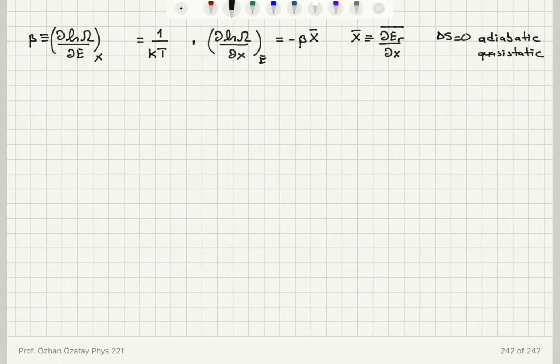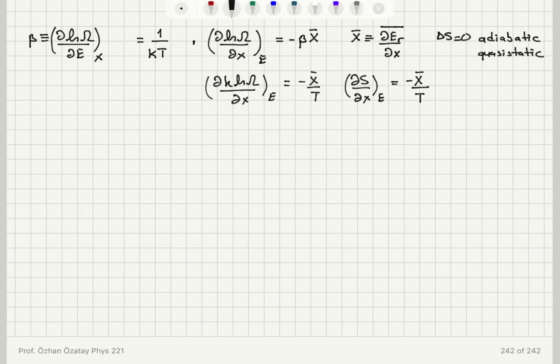If you multiply this equation by k, k ∂ln Ω/∂x for constant energy gives us minus X bar over T. So the entropy change with respect to the external parameter x for constant energy is given by minus the mean generalized force conjugate to the external parameter x divided by T.